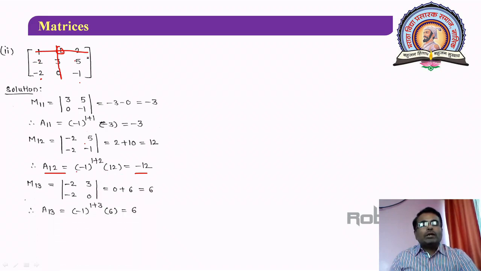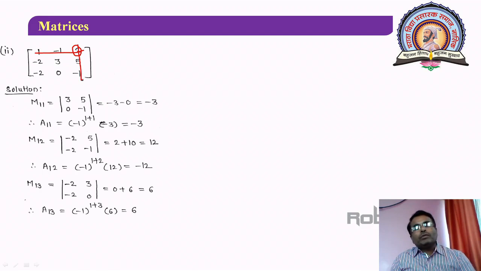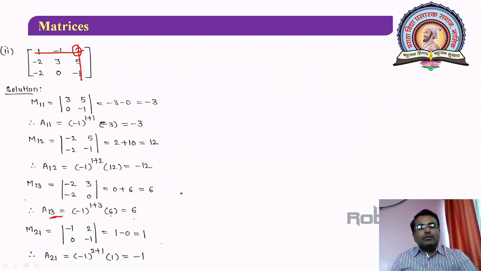Then similarly you can find for the next element, that is A13. This A13 minor is obtained by deleting the first row and last column. So minus 2, 3, minus 2, 0. This way you will get the next, that is 1, 3 even power, therefore 6 remains as it is. Is that clear? This way you can obtain the remaining minors.